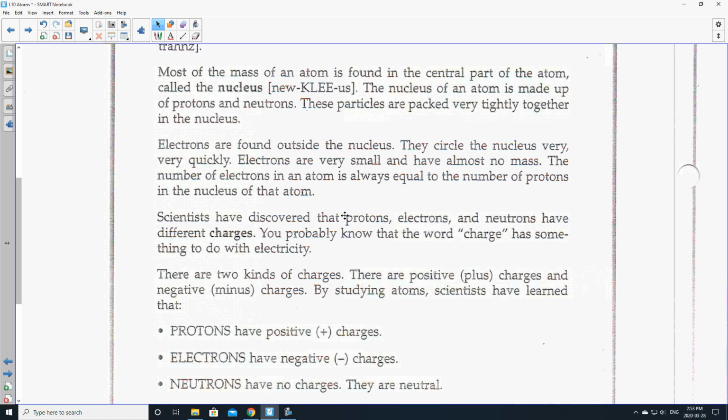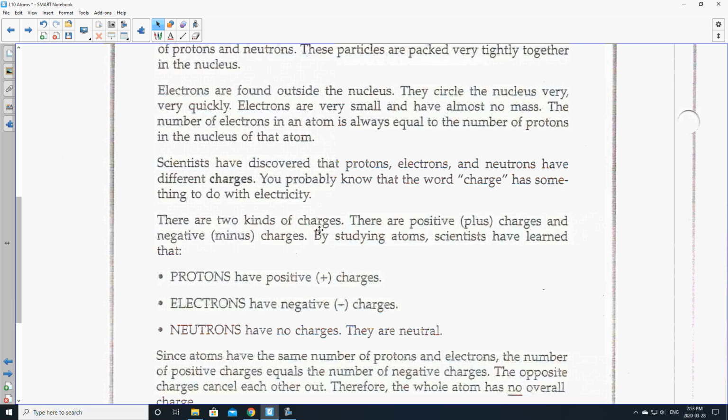Scientists have discovered that protons, electrons, and neutrons have different charges. You probably know that the word charge has something to do with electricity. There are two kinds of charges: positive, or plus, charges, and negative, or minus, charges. By studying atoms, scientists have learned that protons have positive plus charges, electrons have negative minus charges, and neutrons have no charges.